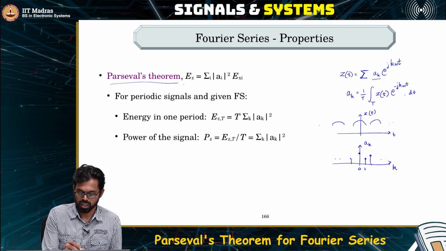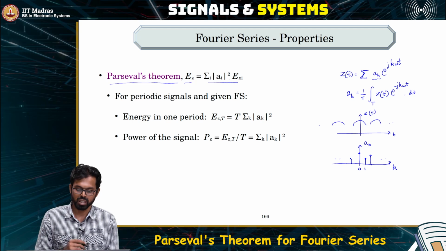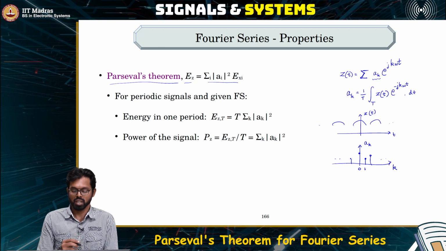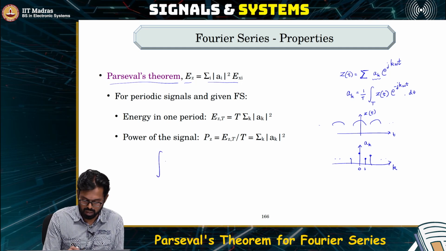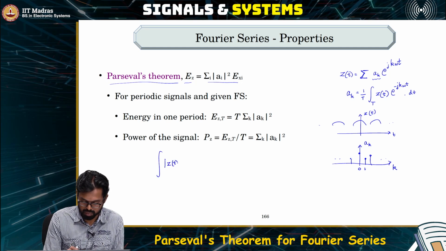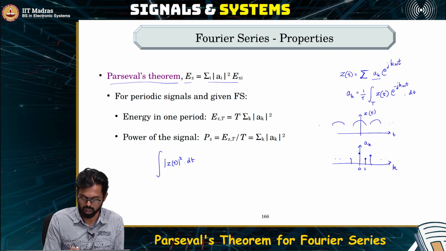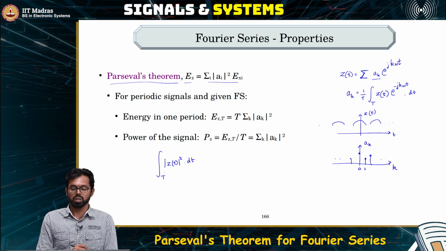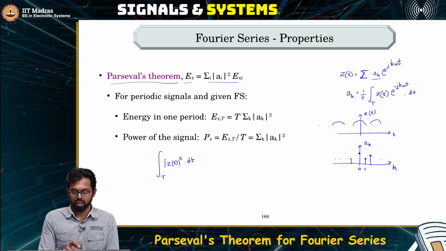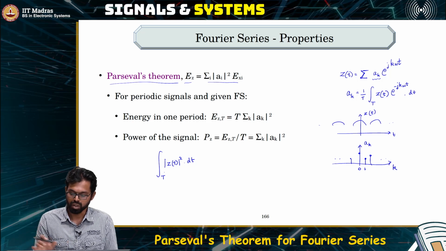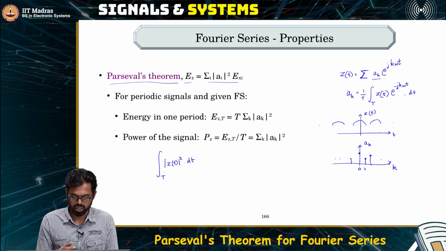That's what we mean by Parseval's theorem here, which states that you compute the energy of the signal in one period. If you compute this, whatever is present here should be exactly the same as the energy that you get from your Fourier series representation.